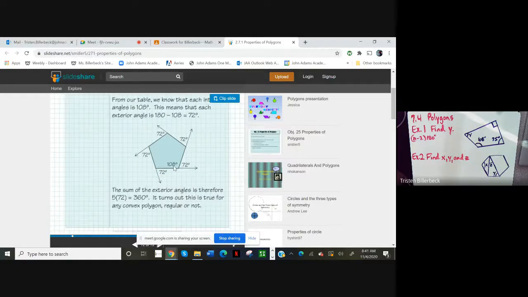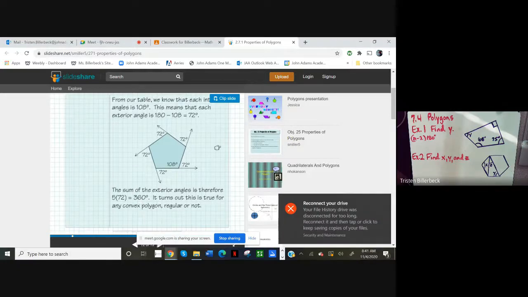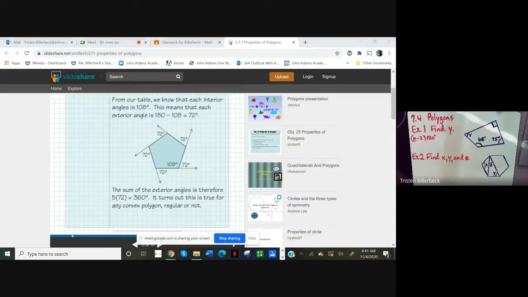If this interior angle was 108 and these form a linear pair, then that should add up to 180. So 180 minus 108 is 72. If we have 5 of these angles and we multiply 5 times 72, we get 360 degrees. Oops, sorry about that. The exterior angle sum is 360 degrees.